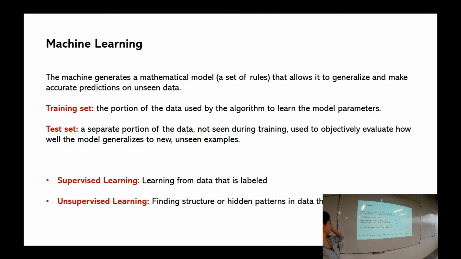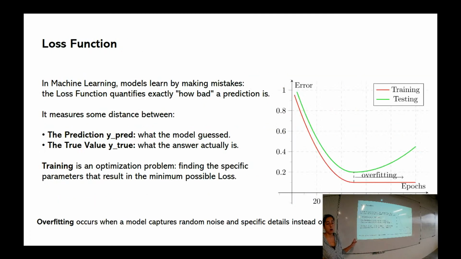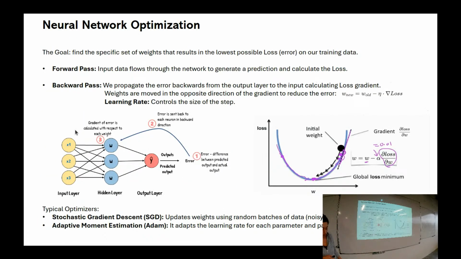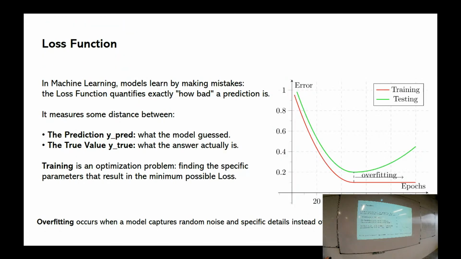So now some key concepts that will apply for every model: supervised, unsupervised, machine learning, deep learning. These are very key concepts. This is the loss function concept. Okay, it moved by itself, sorry.